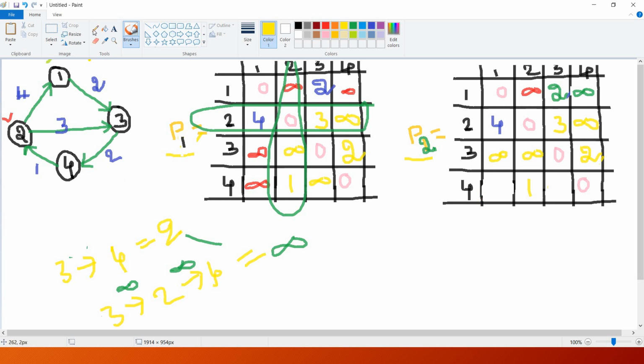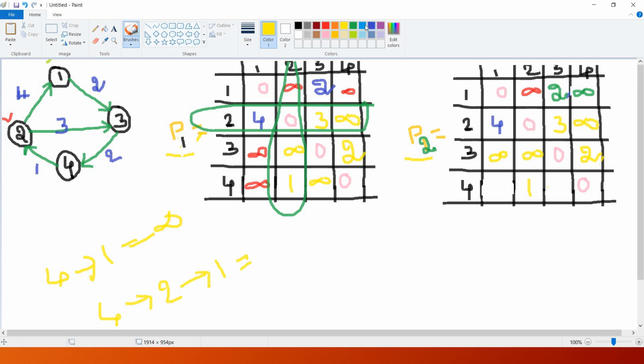Next, 4 to 1. So 4 to 1 earlier we have infinite, right? 4 to 1 there is no direct edge. So put 2 as intermediate vertex, 4 to 2, 2 to 1. So what happens? Let us see. 4 to 2 is 1, 2 to 1 is 4.